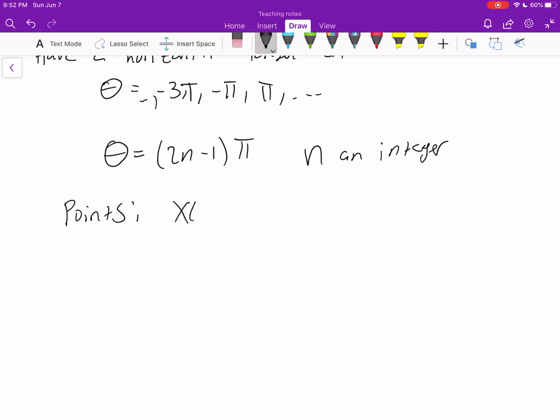So I have x of theta, again, just recopying from above. X of theta is r times theta minus sine theta. Y of theta is r times 1 minus cosine theta.